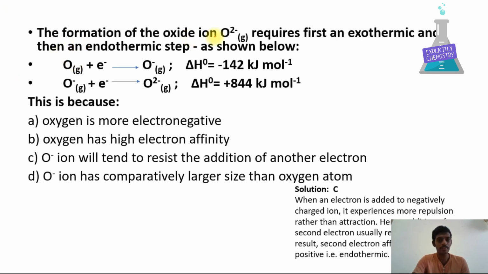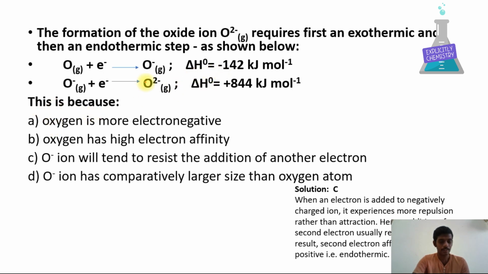The formation of oxide ion O2- requires first an exothermic and then an endothermic step, as shown below. These are the two equations given, with their enthalpies. Why?